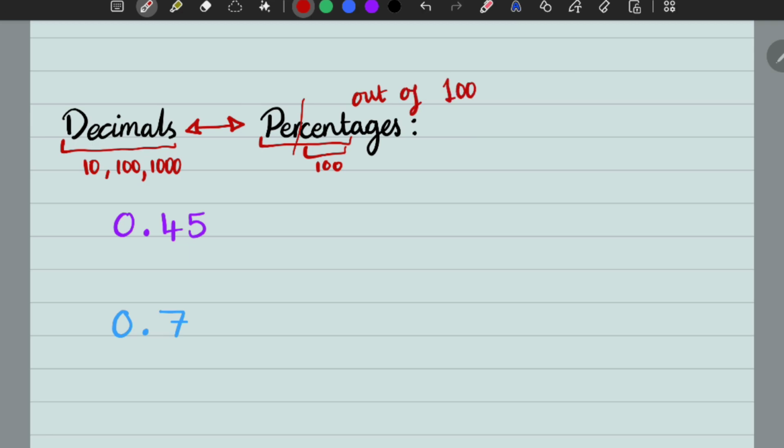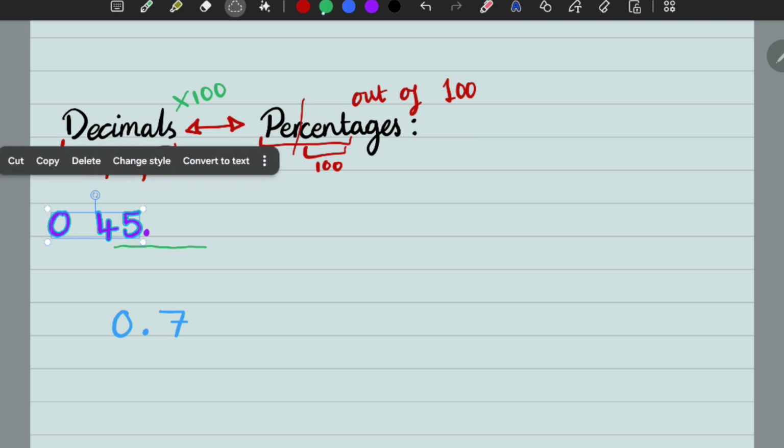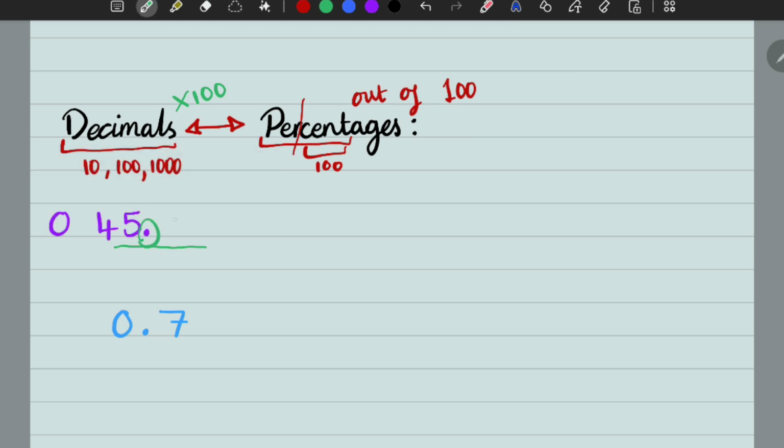So starting with decimals going into percentages, we've got here 0.45. Now what I need to do to my decimal is times it by 100. And the easiest way to do that is to move it across 10 and 100, based on the decimal point you've got there.